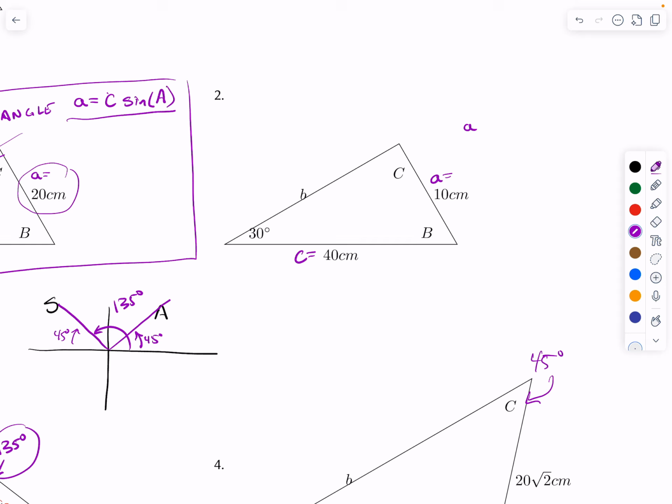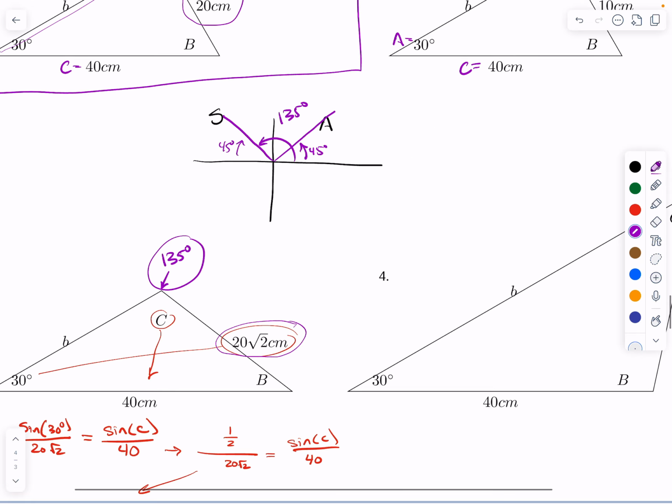Okay, so when little a is less than little c times the sine of capital A, then there's no triangle. But in this case here, you have the situation where little a is bigger than little c times the sine of capital A, and in that case, you end up with two triangles.